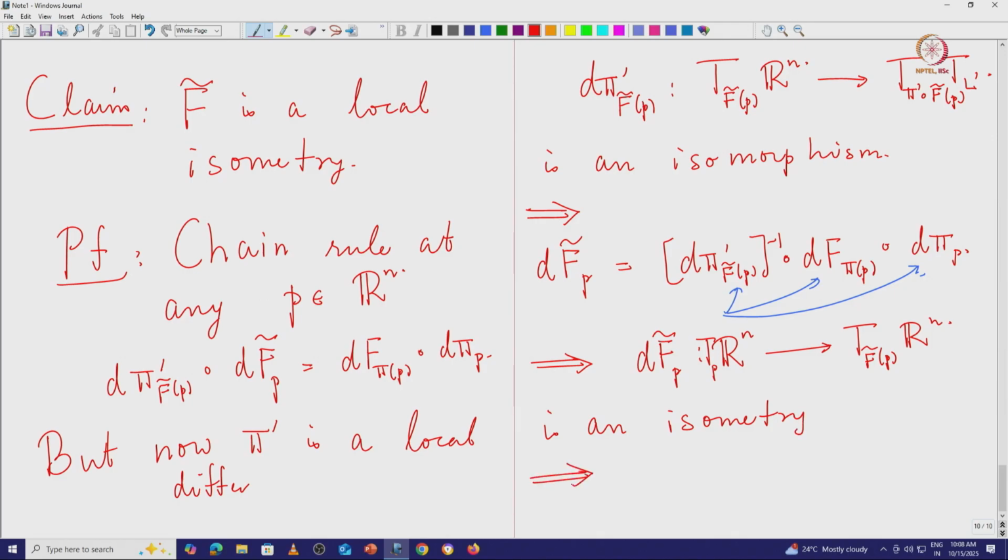Which in turn implies that f tilde is a local isometry. Why? Because the fact that it's an isometry means that the kernel of this map is never vanishing. Then by the inverse function theorem, f tilde has to be a local diffeomorphism, right? So in particular, it's a local isometry.